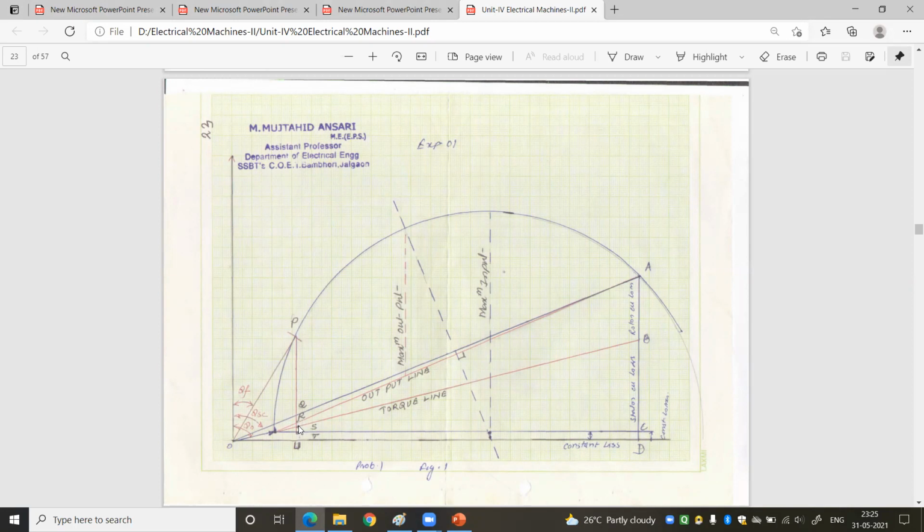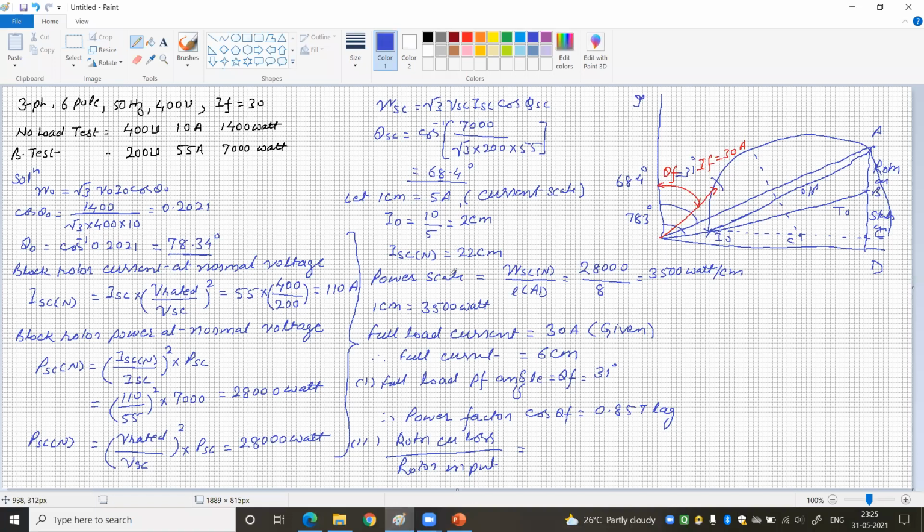So we can say that the rotor copper loss fraction is equal to RS divided by PS.